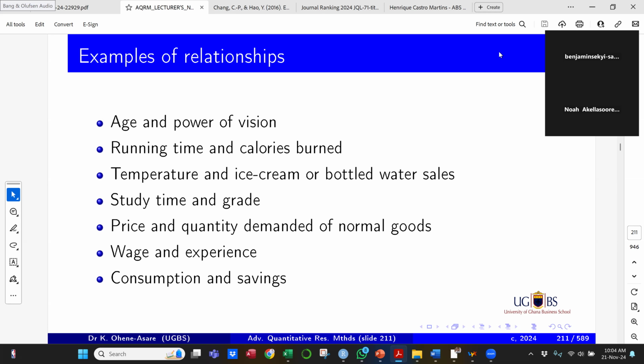Noah. Yes, Benjamin. So, Doc, Noah here. Yeah, go ahead. Yes, I partly disagree with the positive correlation between temperature and the ice cream or bottled water sales. The lower the temperature, the higher the sales of ice cream or bottled water. So there's an inverse relationship there. Why?